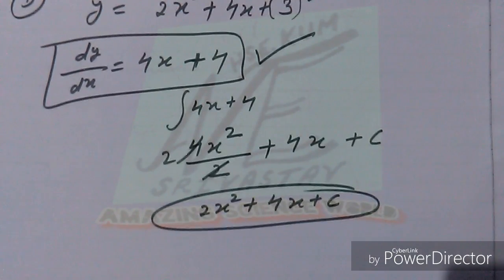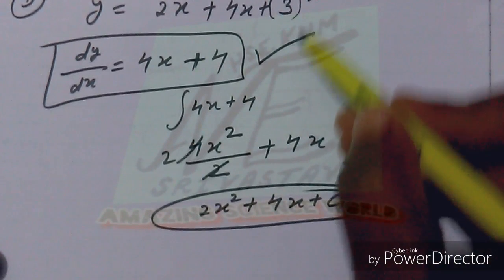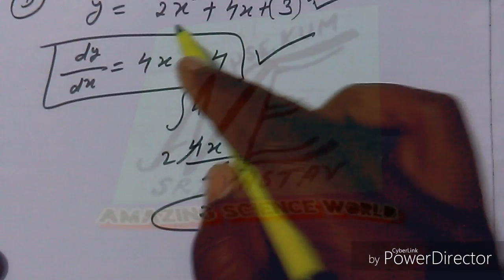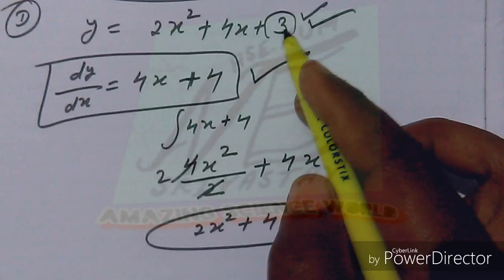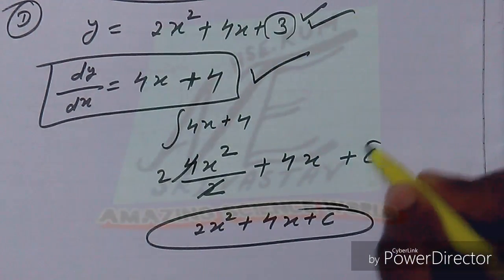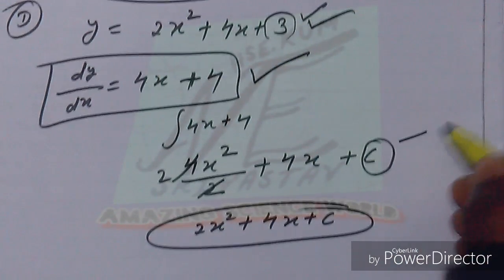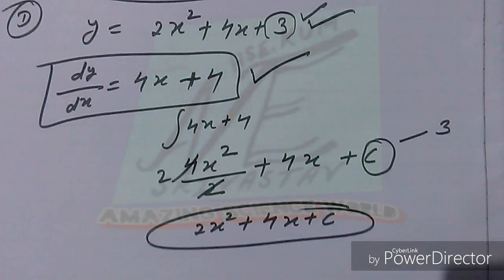And you see the equation is y equals 2x square plus 4x plus 3, and that c is equal to 3, my friends.